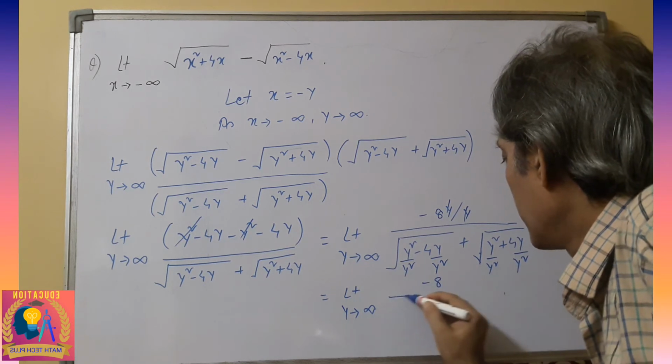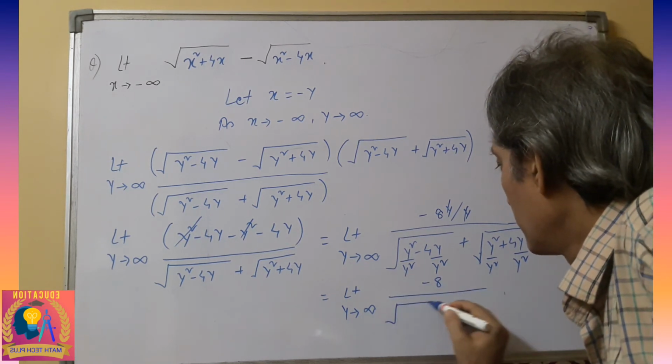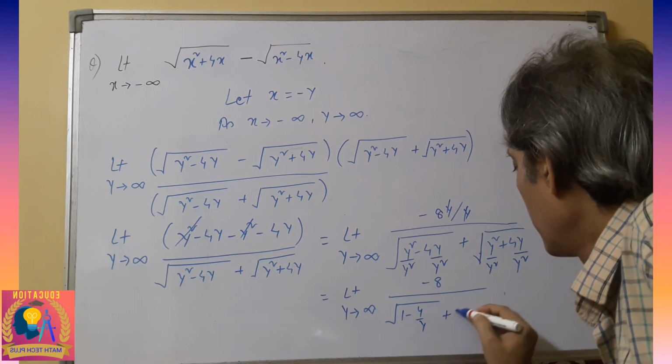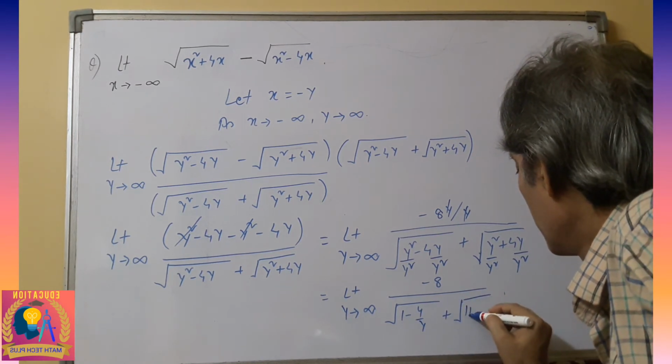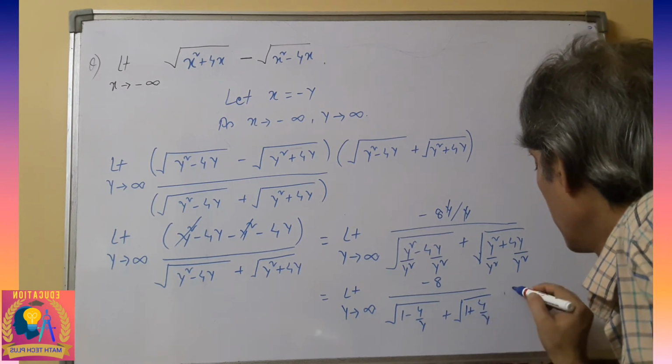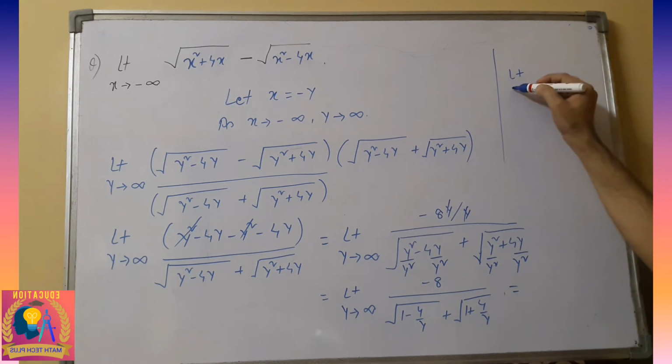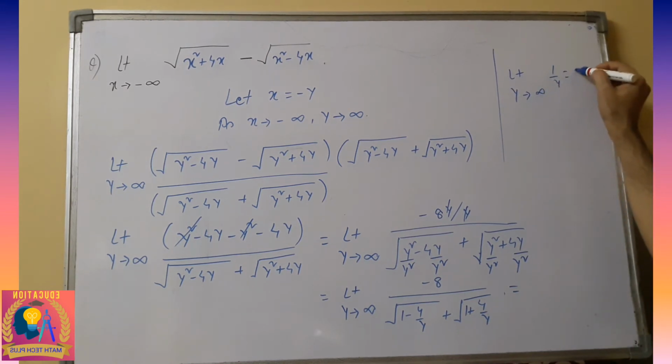So we have minus 8 upon 1 minus 4 upon y plus 1 plus 4 upon y. Now put the limits. Limit y tends to infinity 1 upon y, it will be what? It will be equal to 0.